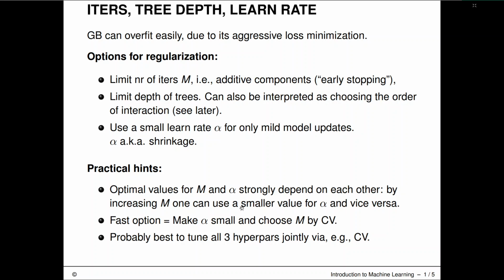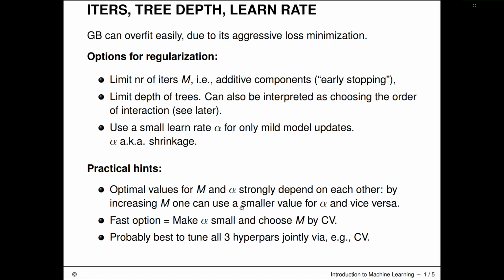In boosting, this is a bit different because we do this iterative backfitting against residuals or pseudo-residuals, which results in aggressive loss minimization. So overfitting can clearly happen if we let the boosting algorithm run for a long time. I already mentioned our options for regularization, so we can simply limit the number of iterations.